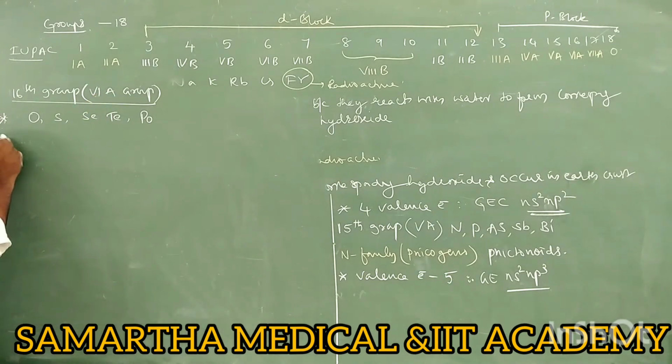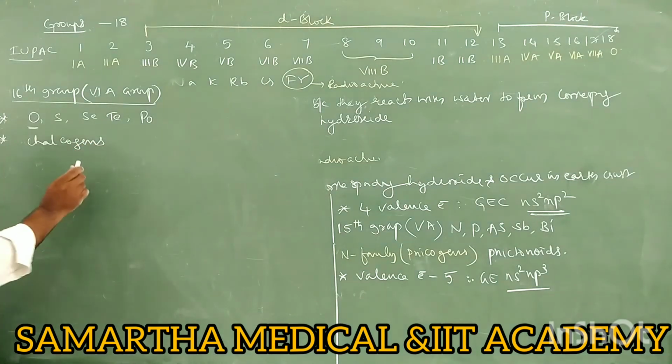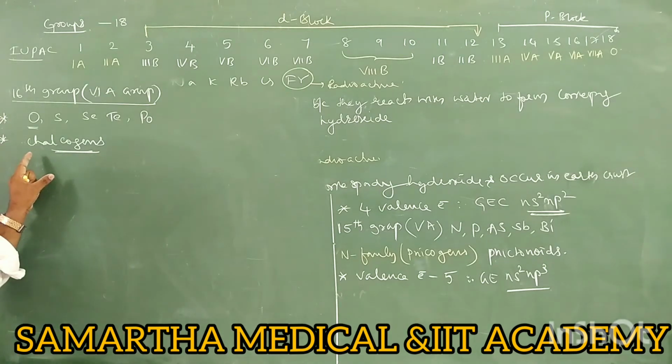They are also called chalcogens, or oxygen family elements. Why are they called chalcogens? Most compounds, such as oxides, nitrates, nitrites, carbonates, bicarbonates, sulfates, all contain oxygen, so compounds are formed by using oxygen.